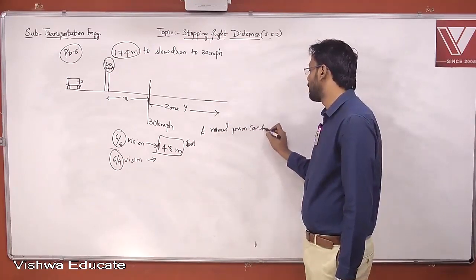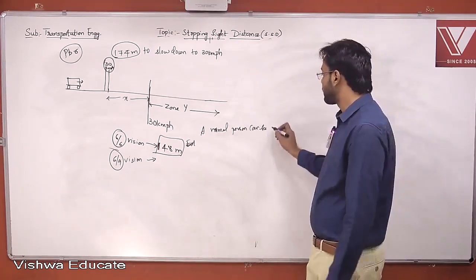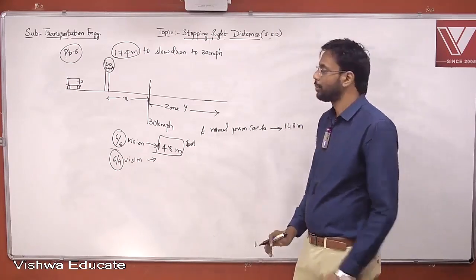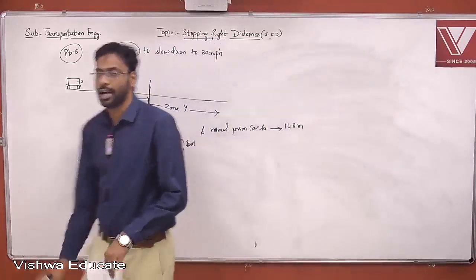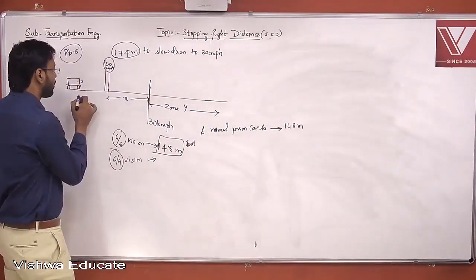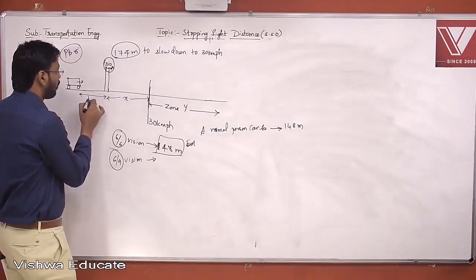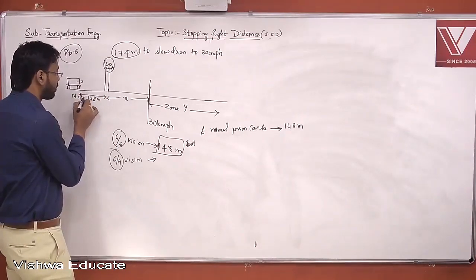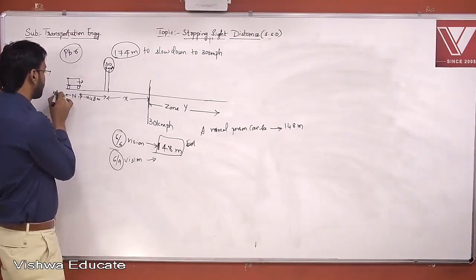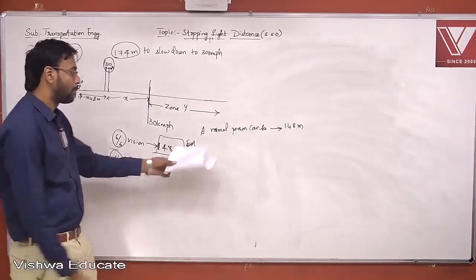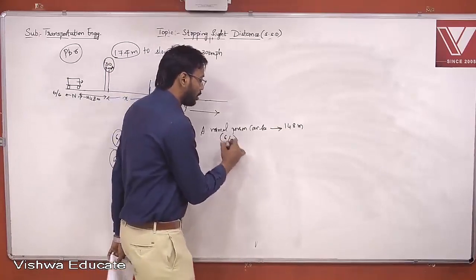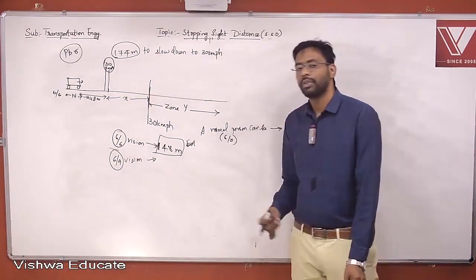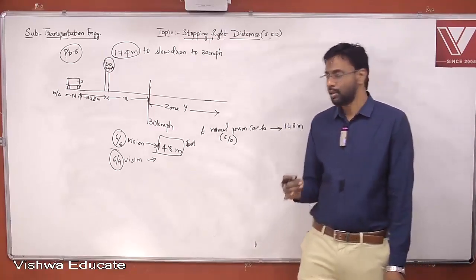So a perfect or normal person can see this signboard from a distance of 148 meters. If I am traveling in this car and I am a normal person, meaning my vision is 6x6, I can see it from that distance. If both the numerator and denominator are the same, that is the vision of a normal person, right?